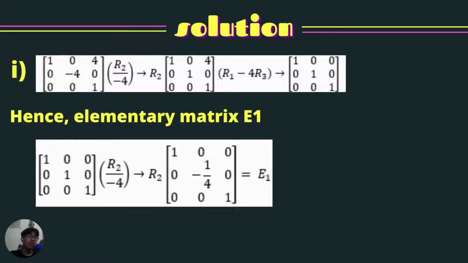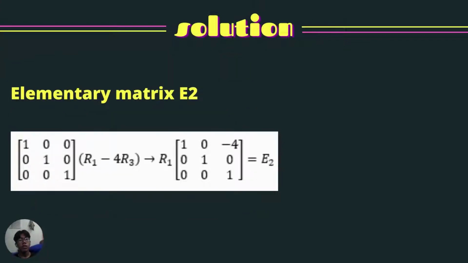We use the same operations: row 2 we divide by negative 4, and it's going to be 1 0 0, 0 negative 1 over 4 0, 0 0 1, which is equal to E1.